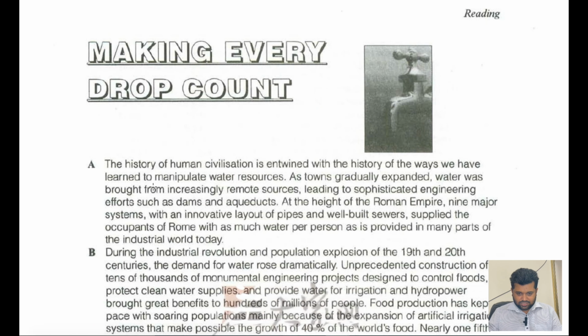At the height of the Roman Empire, 9 major systems with an innovative layout of pipes and well-built sewage supplies the occupant of Rome with as much water per person as is provided in many parts of the industrial world today. Okay, so we go back, we read the first para and we go back to the questions and try to match which one is related to this one. Okay, so the first one is scientist. So from the first para we don't find any scientist, so this one absolutely not.